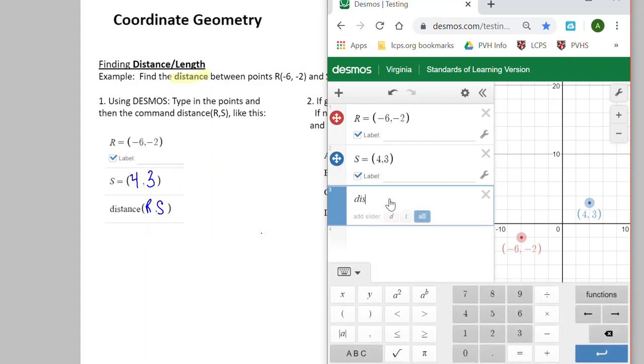Next, we type distance, just the word, no capital letters, open parentheses, and then using the exact same letters we typed in up here, R, S, the Desmos calculator tells us the distance between the points, also known as the length of the segment, 11.18, and I'm going to have to round here. Let's go ahead and jot that down. 11.18 is what we got for the distance.